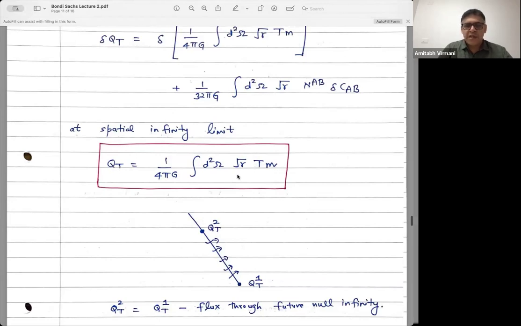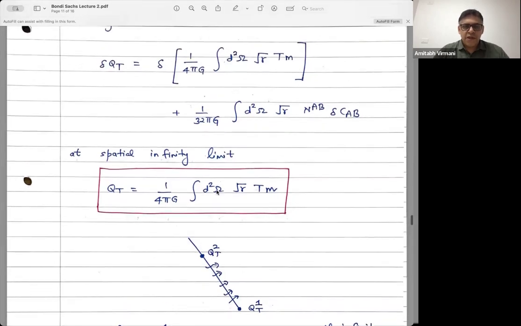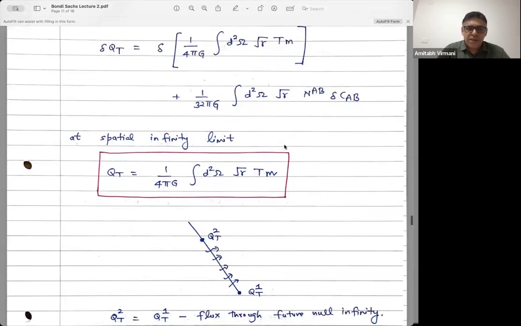You can ask whether this expression matches with something at spatial infinity, or whether this matches with past null infinity. All those questions one can address. When you are at null infinity, since there is a flux, you cannot write down a full conservation. You can write a conservation law in the sense that you can relate Q2 to Q1 via a part, which is this flux relation.